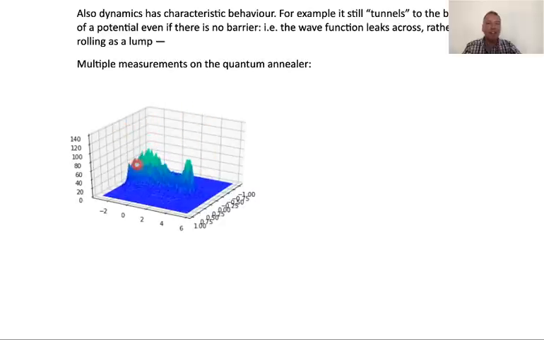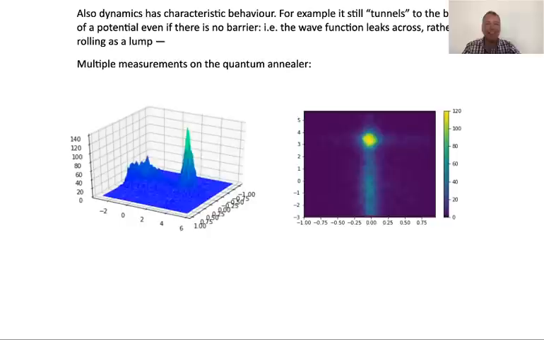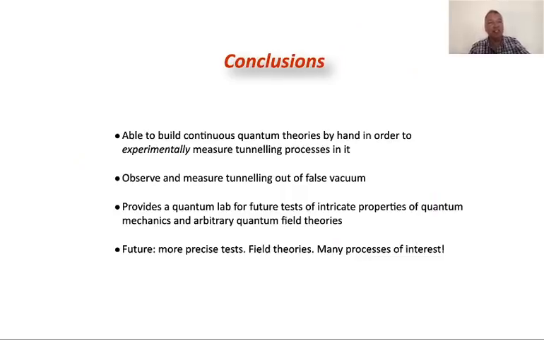I can also show you that as a heat map, where it's a little bit more obvious. It begins here as a bright spot, another bright spot appears there, but the wave function leaks across. It doesn't just go as a single lump. So it's all pointing in the right direction, that it's really a genuine quantum process going on, and that we're really seeing quantum tunneling.